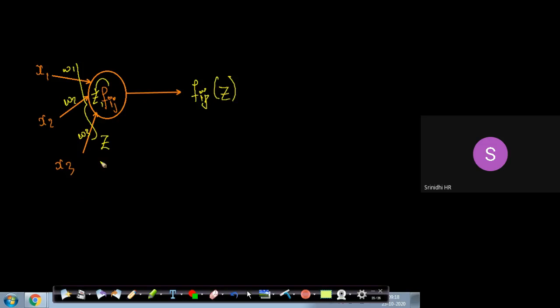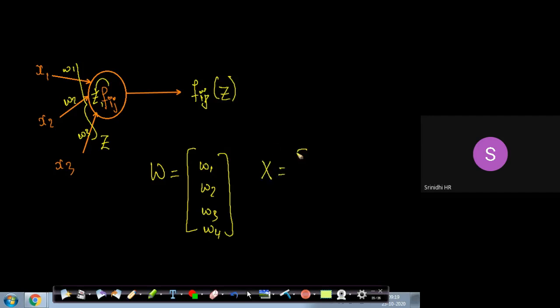If I consider the capital W, it will be a matrix of W1, W2, W3, W4. Is it correct? If I consider X here, it will consist of X1, X2, X3, X4.